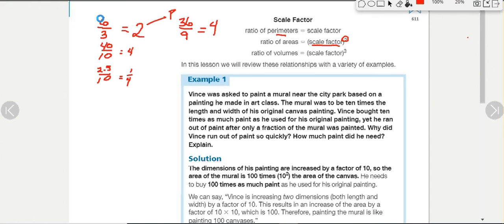So if the perimeter is twice as much, the area is actually 4 times as much. Or if the scale factor is 3, the area scale factor is squared, so that's 9. Area is times 9, so if I have an area of 4, the new area would be 36, even though the original was only maybe a 2 by 2 square.